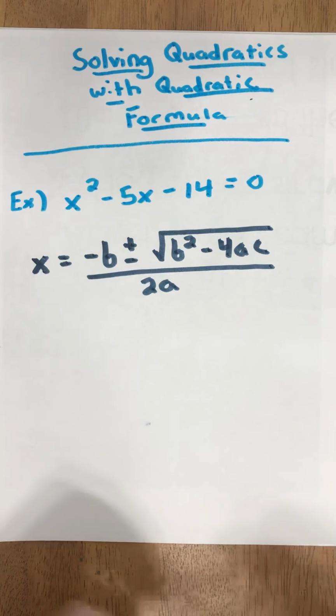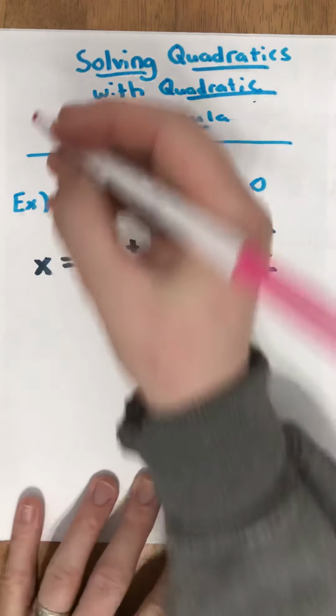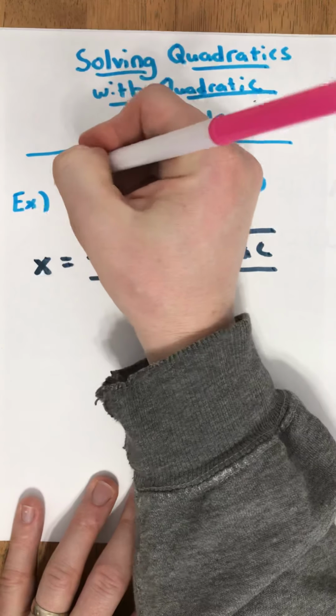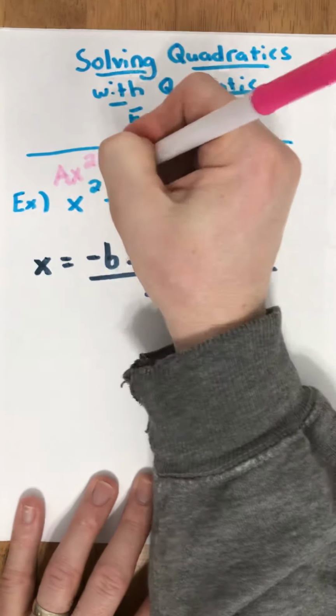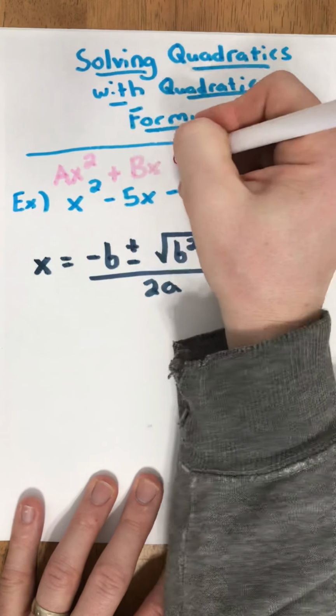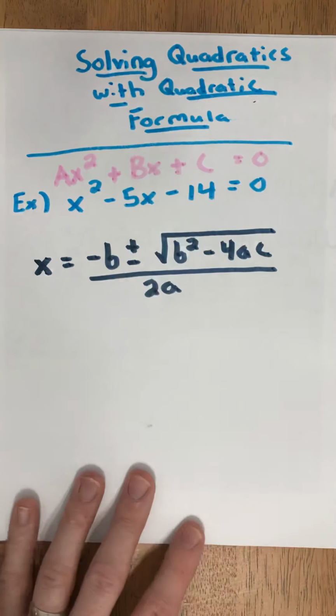I'm just going to remind you real quickly before we get into this of what our standard form for a quadratic is, which is ax squared plus bx plus c, which is equal to 0.